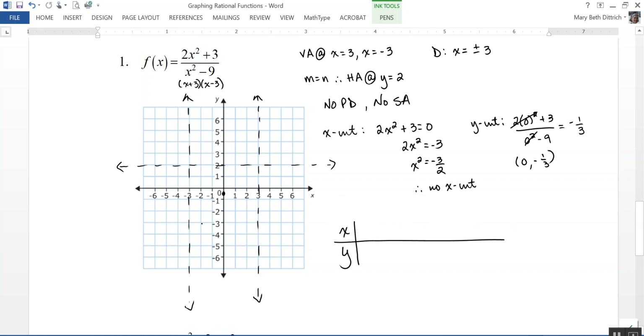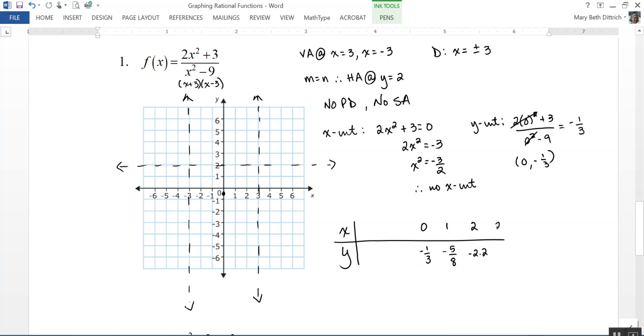So let's see if we can figure out what's going on in this area here, so I know that when x is 0, y is equal to negative 1/3. And this is actually one time when I will use my calculator, not to graph the function, but to plug in some values. So when I plugged in 1, I got negative 5/8, which is not a fun number, but that's okay. When I plugged in 2, I got negative 2.2.